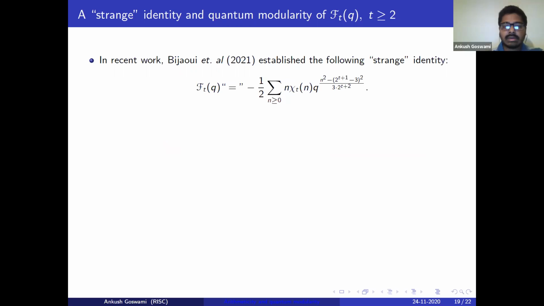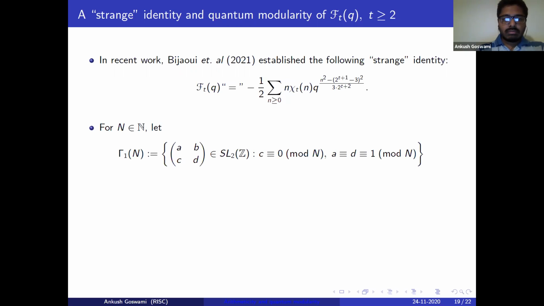And to state the result, we define this congruence subgroup Gamma_1(N) for a natural number capital N, and this is the set of all 2 by 2 matrices in SL2(Z) where the lower left entry c is divisible by N, and the diagonal entries are congruent to 1 mod N. And then, for notational ease, we just set S_t equal to this fraction.